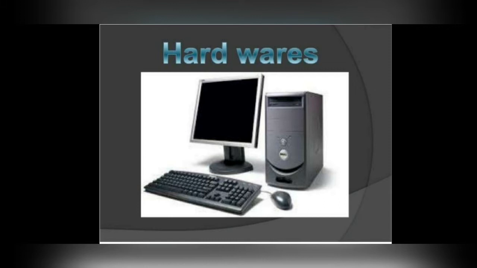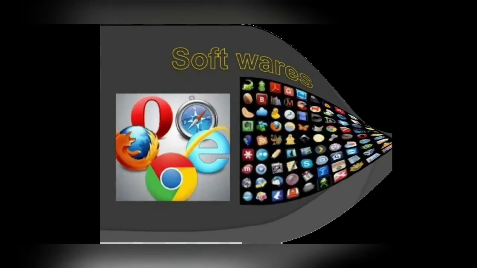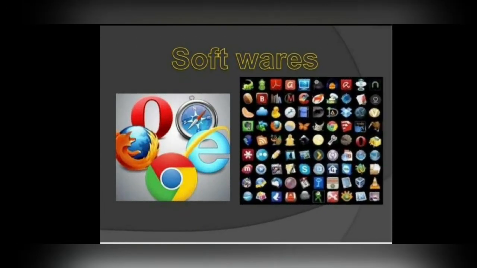On the screen you can see examples of hardware, and these are the ocean of software. On the left side you can see some browsers on which we run the internet, like Apple Safari, Internet Explorer, Opera, Google Chrome, Mozilla Firefox. There is a lot of software available for the computer.